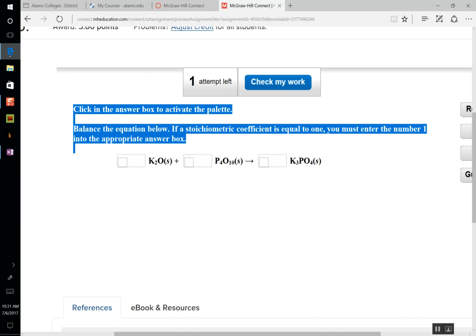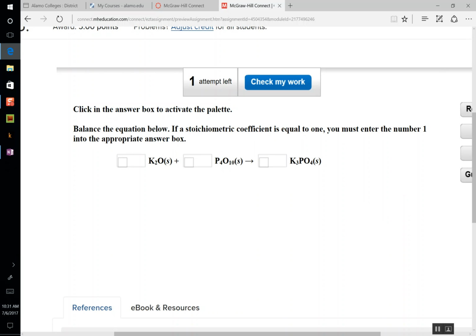Can I write on here? No, I can't. Now that I'm in Connect, I can't write on my screen. But we have this. Notice we've got 4 of these. So one place to start would be right there. That gives me 4 of those.